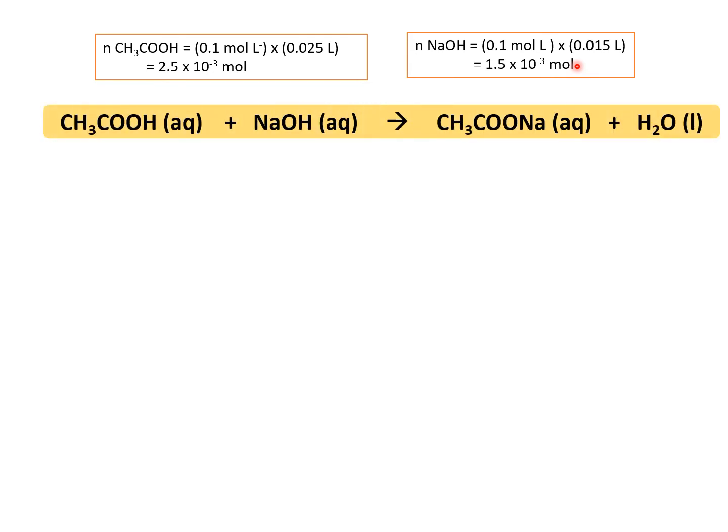Okay. So, our equation. Okay, table yang kita akan buat dekat sini, kita akan gunakan number of mole. We have our initial, change and final table. Okay. So, dekat sini, masukkan kita punya number of mole.